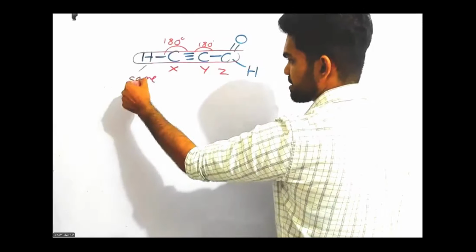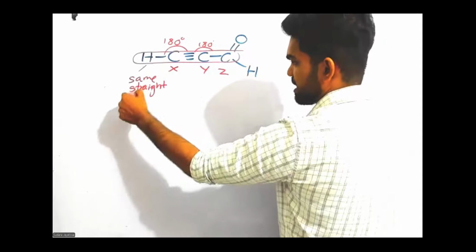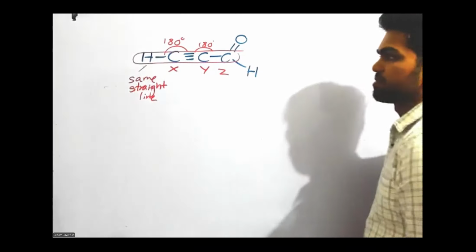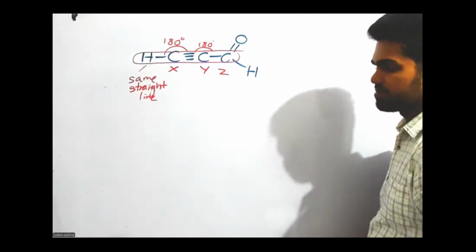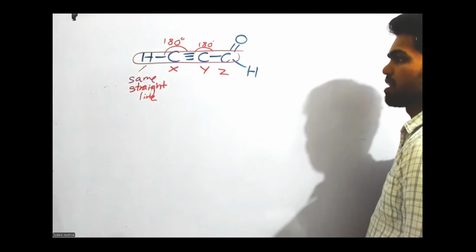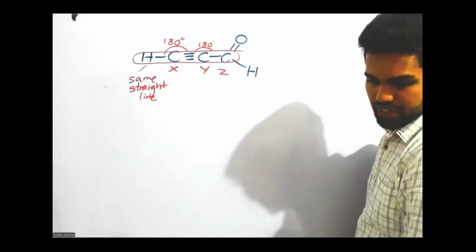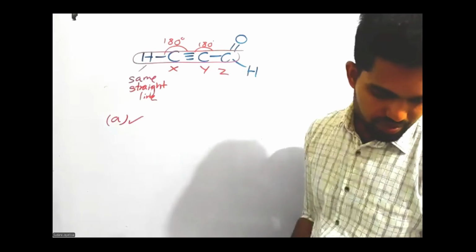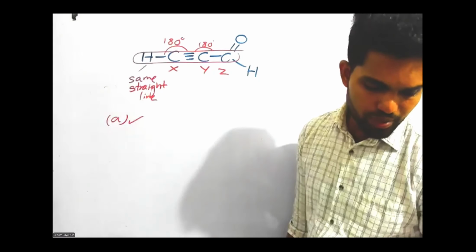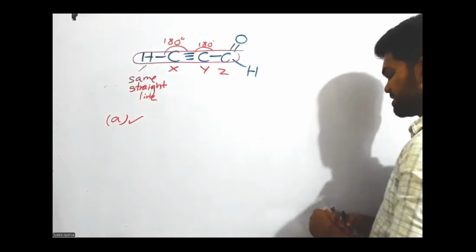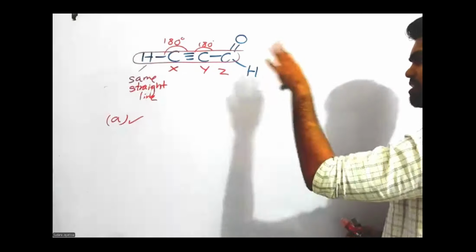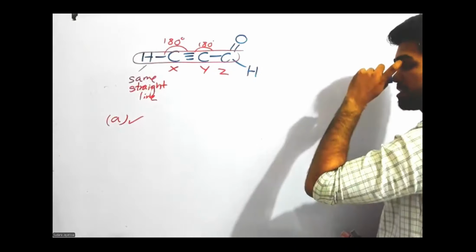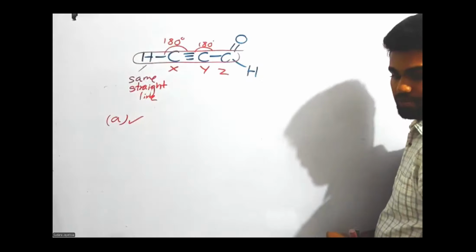Same straight line, so they are linear. That means the first statement, A, is correct. What about the next one, B? All atoms of the above molecule lie in one plane. If they mention all atoms, they talk about this carbon and this hydrogen and oxygen also.